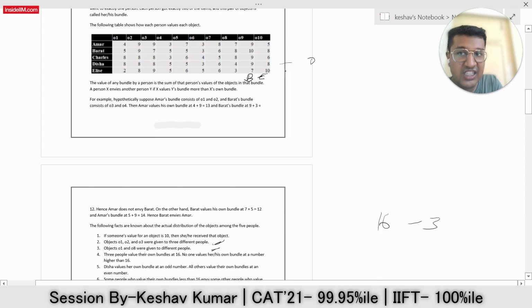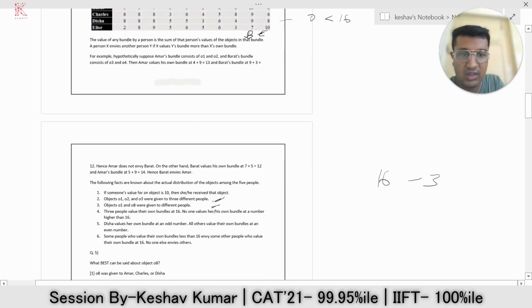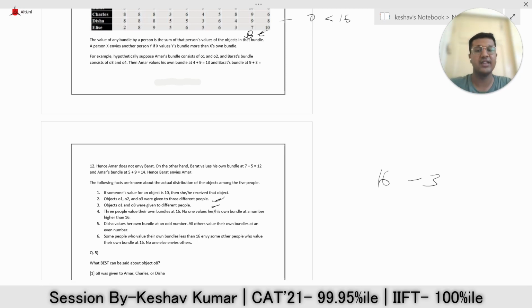And as Disha values hers at an odd number, that must be less than 16. Some people who value their own bundle less than 16 envy some other people who value their own bundle at 16. No one else envies others. So only the people who have a bundle value less than 16 will envy the ones who have a bundle value of 16. Otherwise, no one is going to envy any other person.